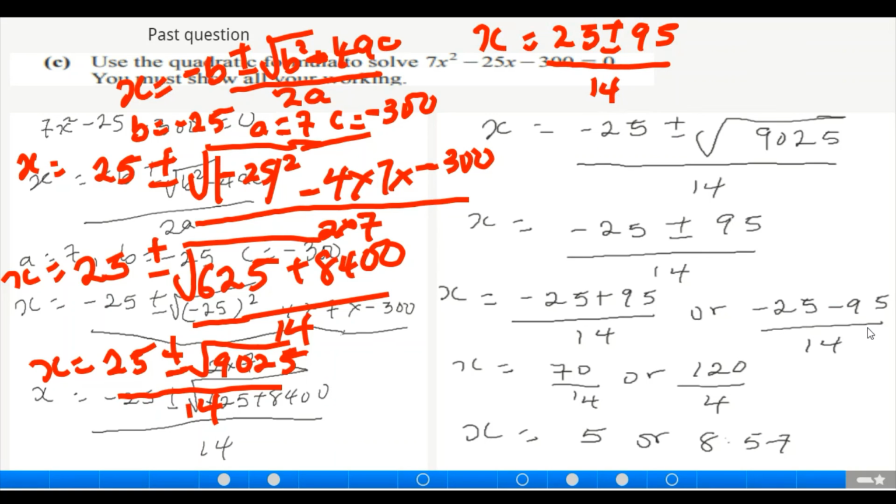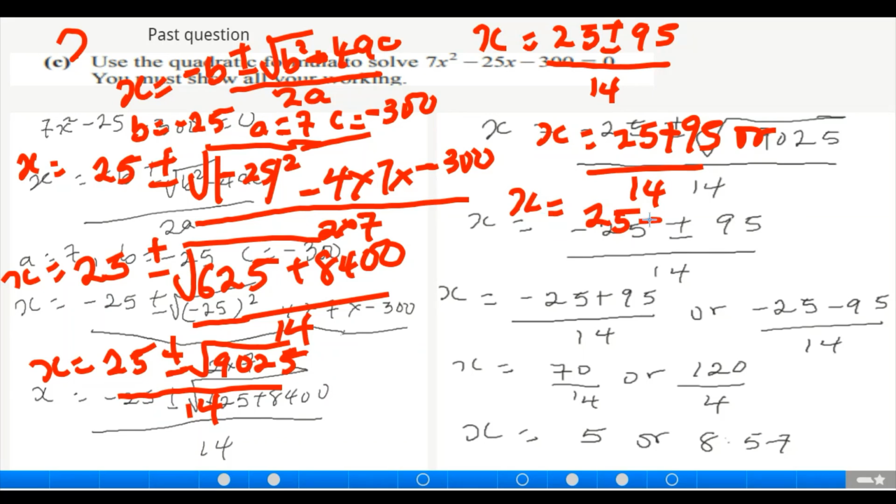We are going to express each of these values to get the answer for x. So now we have x equals 25 plus 95 divided by 14, or x equals 25 minus 95 divided by 14.